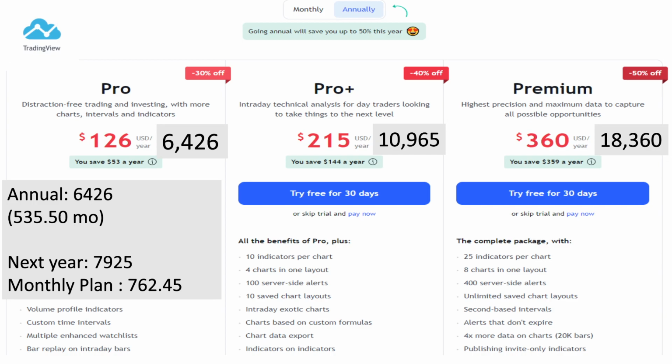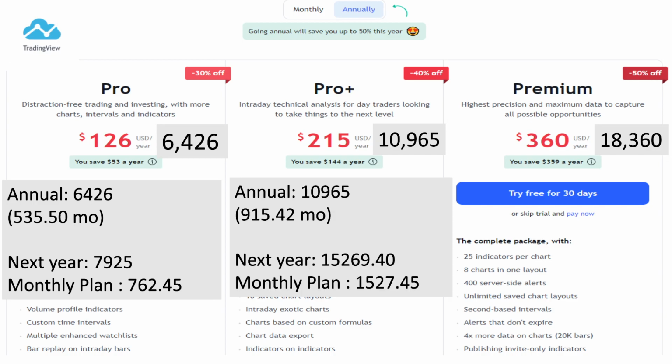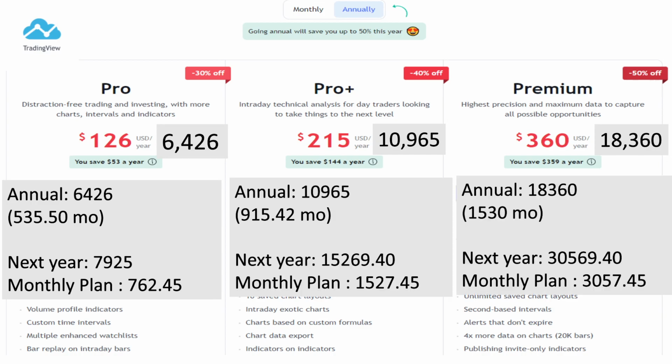So that means next year you'll actually pay the full price, which is 7,925, or you can get the monthly plan for 762. And here's the information for the other plans as well. The key takeaway here, the most important thing you got to remember, is that the first year is discounted. After that, you'll be paying full price, and those are the prices there.